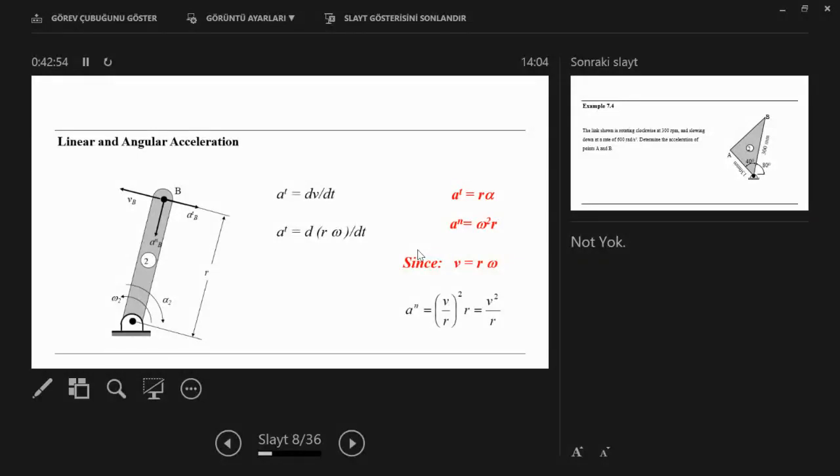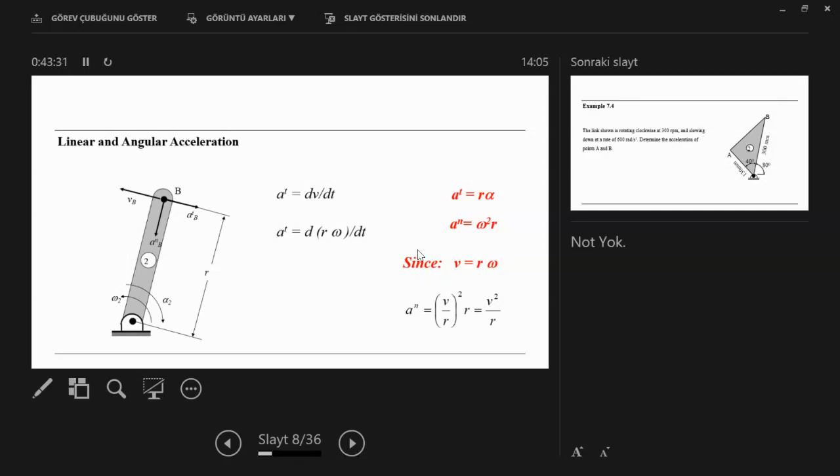Tangential is equal to dV over dt, and if we write V as r omega for circular motion, we achieve the tangential component AT for the point B, which is R times alpha.